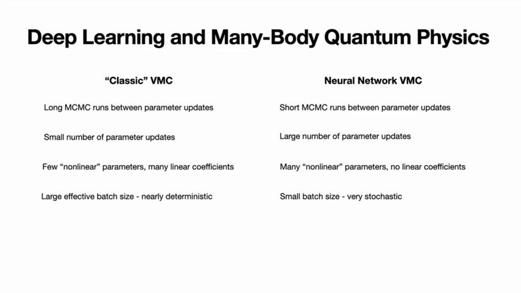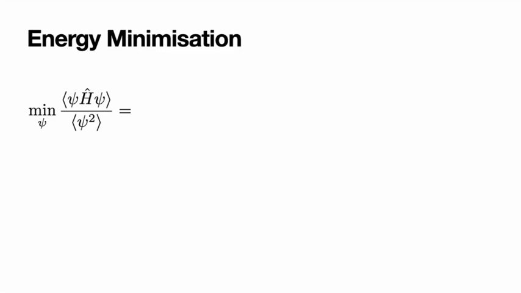But in deep learning, you're typically optimizing from very small batches, which might be very noisy, but doing a very large number of parameter updates. So rather than having a few hundred variational parameters and doing maybe a few hundred steps of stochastic reconfiguration, you might have millions of parameters and hundreds of thousands or millions of optimization steps.